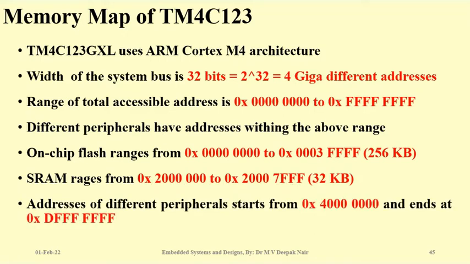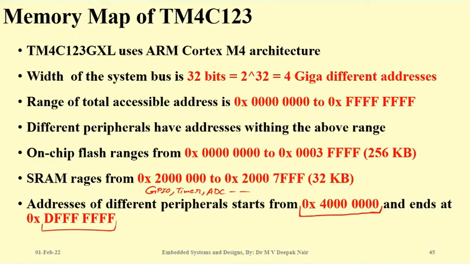Peripheral addresses start from 40000000. When I'm saying peripheral, it includes GPIO, timer, we will see that, and ADC, DAC, you name it. All the peripherals which are available in this system will start from 4000 and they will end at this particular address, DFFFFFFF.